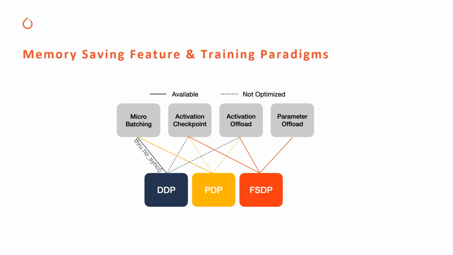We also talked about the three memory saving techniques, activation checkpointing, activation offloading, and parameter offloading, where checkpointing pays more computation to save memory consumption, whereas offloading pays more for device to host and host to device communication.